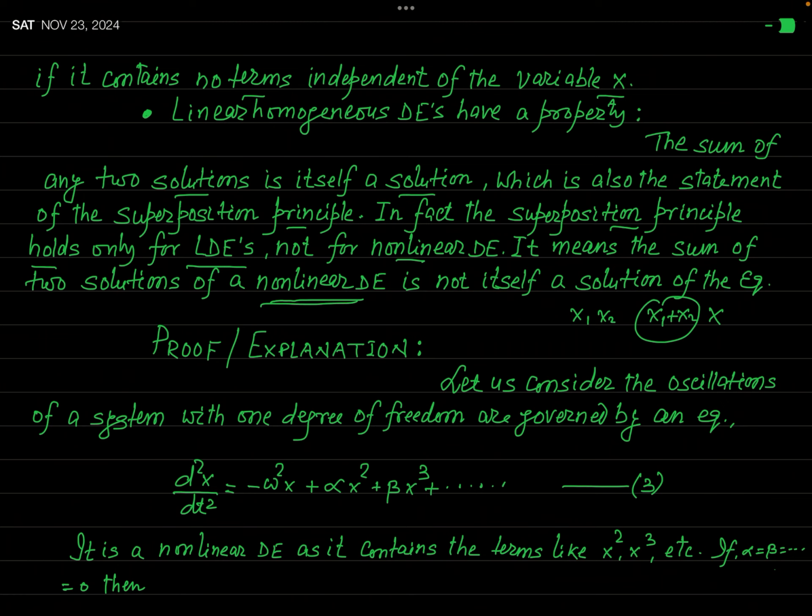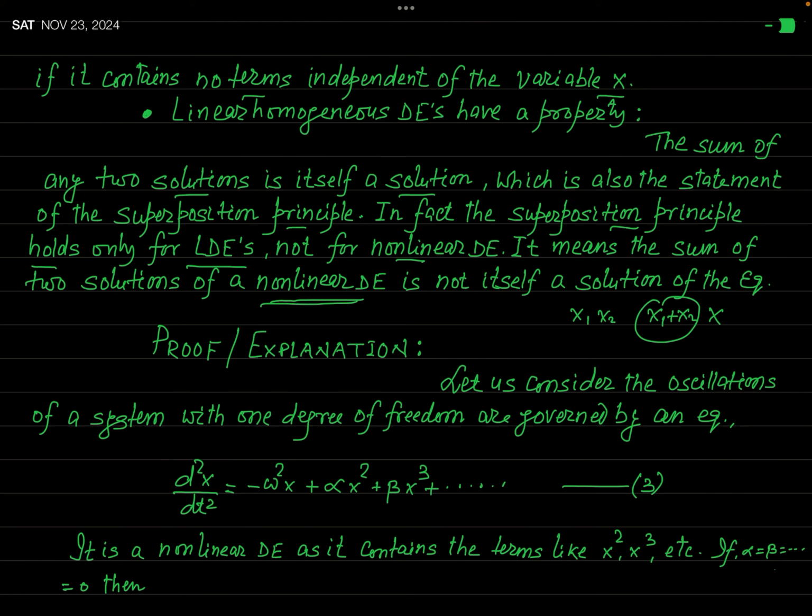So now we shall prove the statement by considering a particularly simple non-linear differential equation. We will then prove that the sum of two or more independent solutions of a non-linear differential equation cannot be the solution of that very equation.